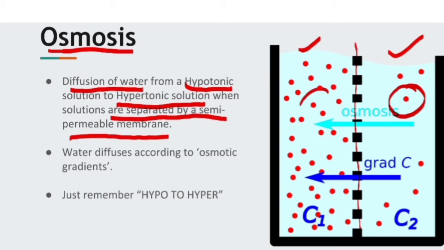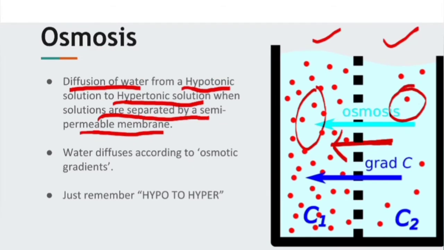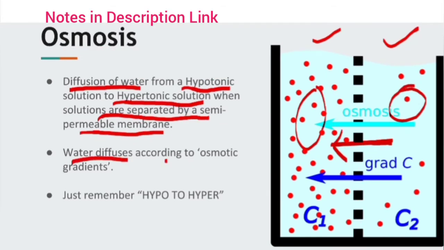This is hypertonic, with more particles. Whenever solutions are separated by a semi-permeable membrane, water will move from a region of hypotonic medium to a region of hypertonic medium, and the force that diffuses water is the osmotic gradient.